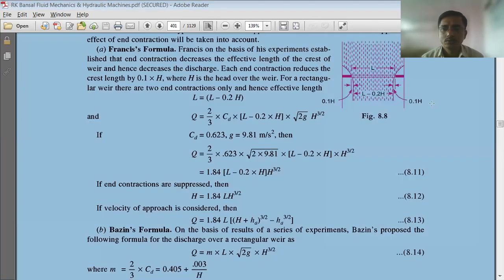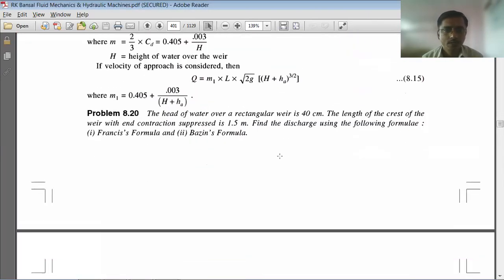Now let us solve a problem based upon this. Write down the problem. If the head of water over a rectangular weir is 40 centimeter, the length of the crest of the weir with end contraction suppressed is 1.5 meter.